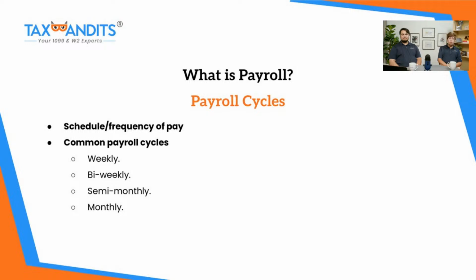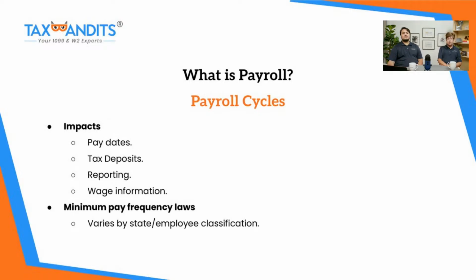With payroll, the first thing you need to determine is how often you're going to pay your employees. The most common pay frequencies or payroll cycles are weekly, biweekly, semi-monthly, or monthly. This can impact things like pay dates, tax deposits, reporting, and wage information, and there are specific laws depending on the state you're in that can affect which pay schedule you should be operating under.